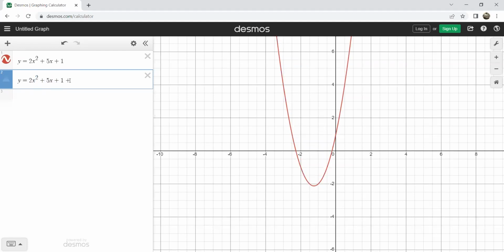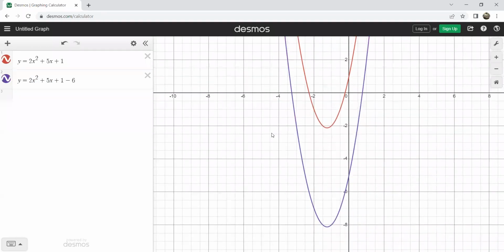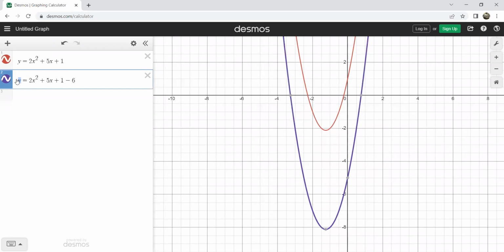So take a look at this. I'm adding 1, adding 2, adding 3, adding 4, adding 5, adding 6, adding 7 to the y value. My graph moves upward. If I subtract 1, subtract 2, subtract 3, subtract 4, subtract 5, subtract 6, my graph starts moving downward. So do not add or subtract to the y value on the left-hand side.